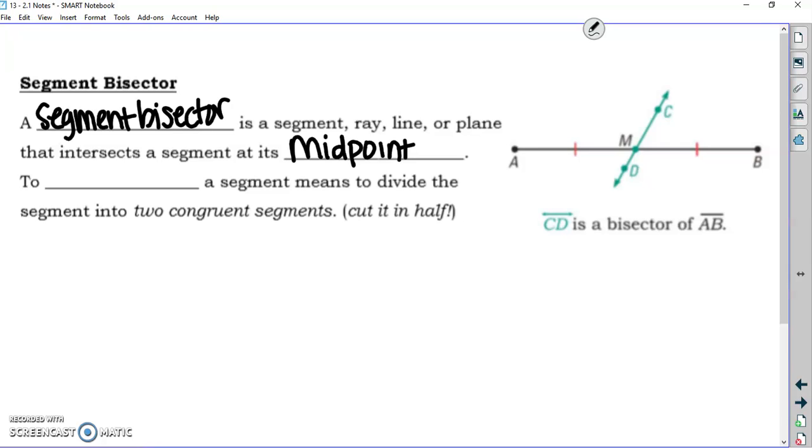So it cuts segment AB in half, so that then we call it a segment bisector. So again, to bisect a segment means to divide the segment into two congruent segments. Or basically we can just say cut it in half. So over here, AM is congruent to MB. The two halves are congruent because line CD bisected segment AB.